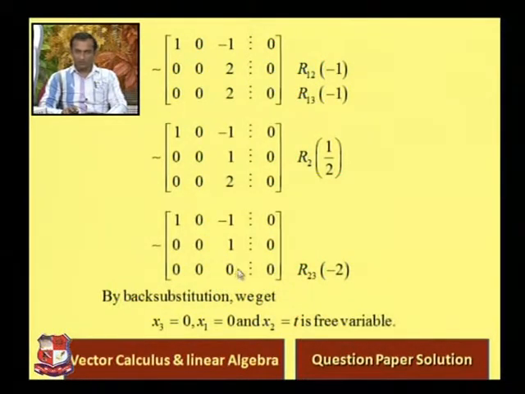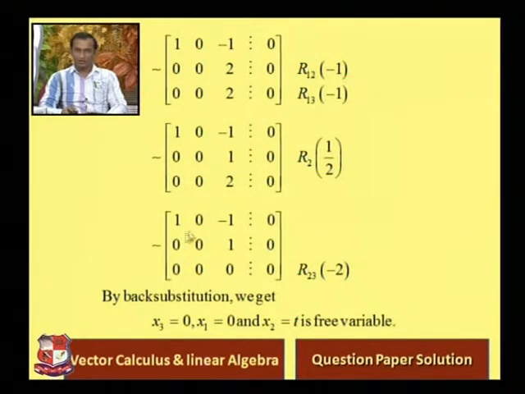Therefore, look here, this 1 minus 1 1 0, so here x3 is 0, x1 is 0, and x2 is a free variable, because the leading one does not exist in the second column.